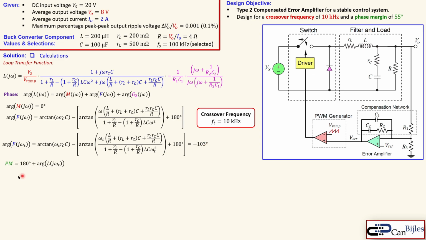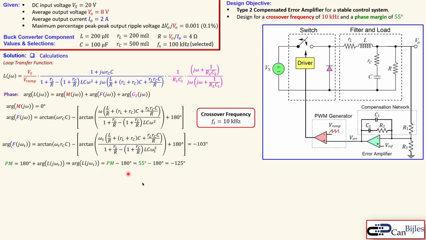Okay, that means the following: the phase margin is given by 180 degrees plus the argument of the loop transfer function at that crossover frequency. So we have the phase contribution of 0 degrees by the modulator, and minus 103 degrees by the filter and load. So how much do we need to provide from the compensation? This is given by 55 minus 180 degrees, which is minus 125 degrees for our argument.